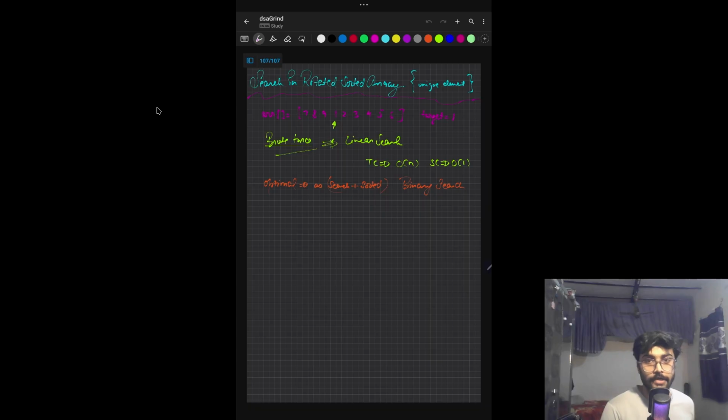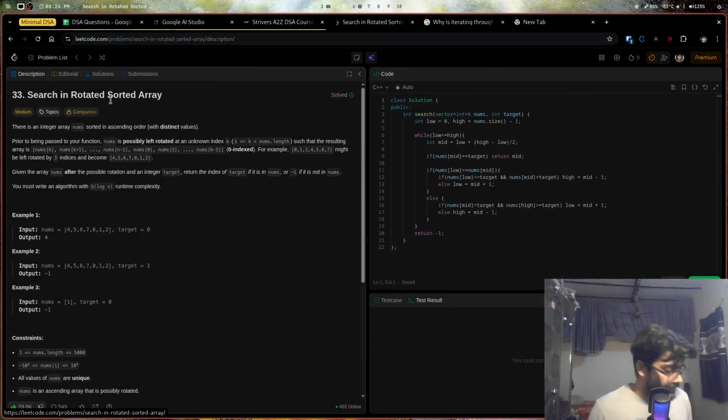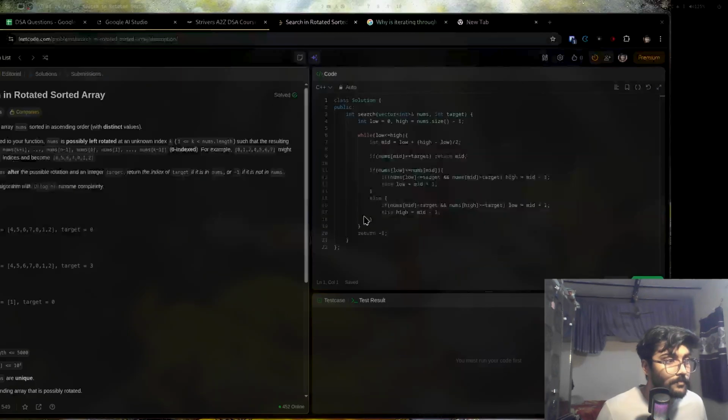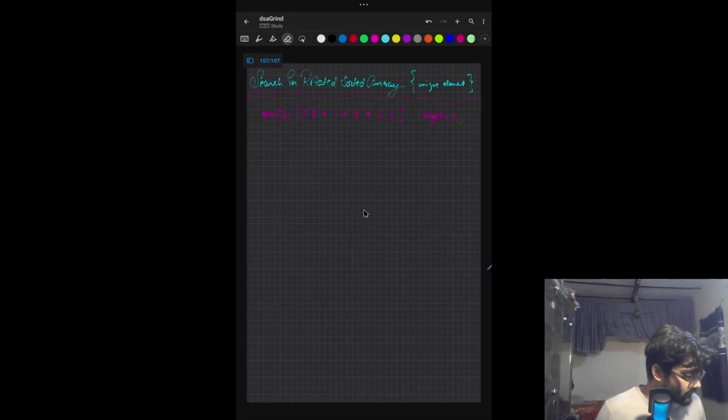So search in a rotated sorted array. Right, so for this we were given the... okay, cool.